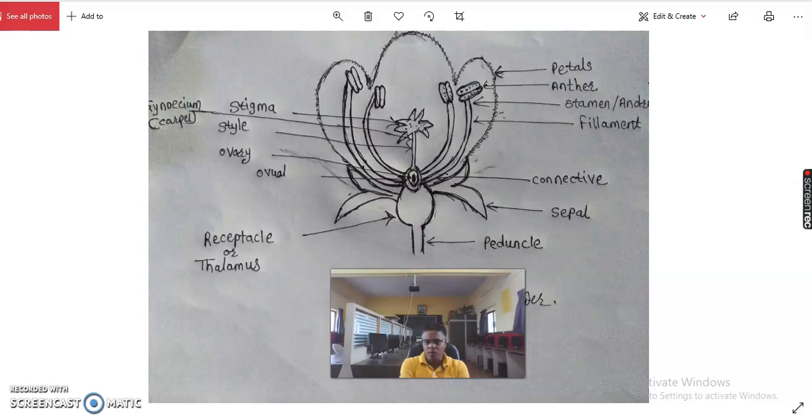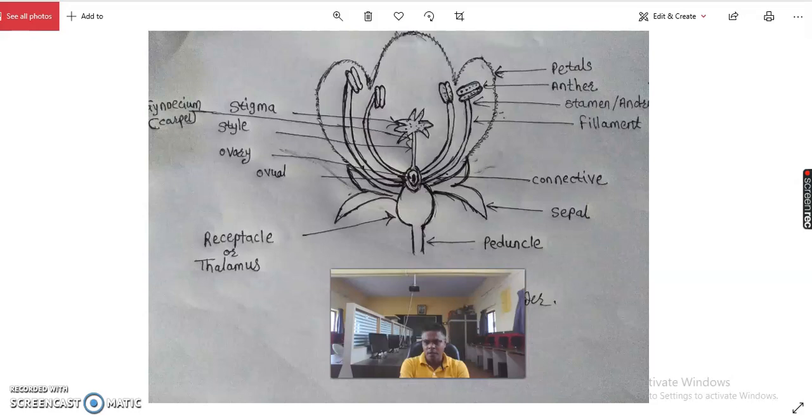The two-lobed anther is called a dithecous anther, while an anther with a single lobe is called a monothecous anther.